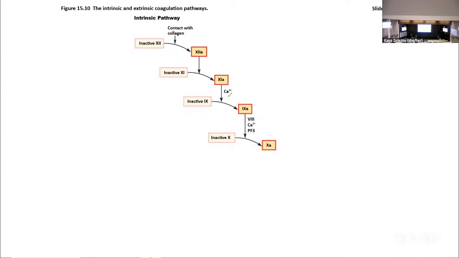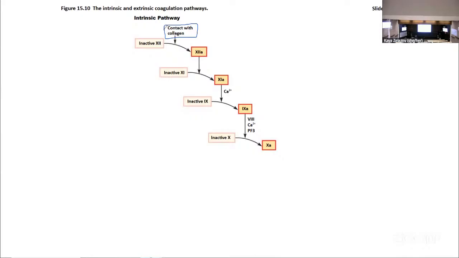So this intrinsic pathway starts because we have a factor, like von Willebrand factor in the platelets, that gets activated when it comes into contact with collagen. We saw that collagen in the subendothelium. That is also part of this intrinsic pathway, getting us ultimately towards our stable fibrin clot.